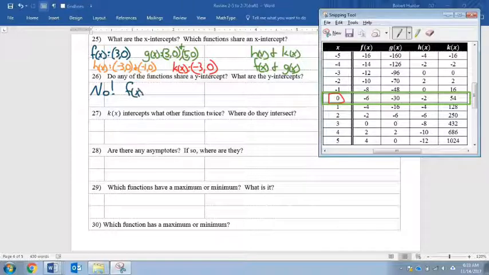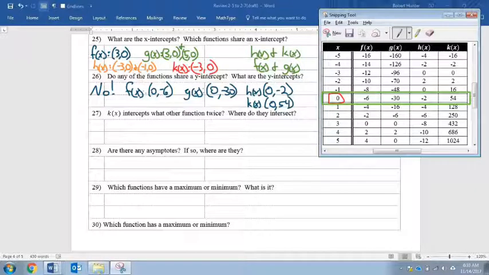F of x is at (0, -6). G of x is at (0, -30). H of x is at (0, -2). And k of x is at (0, 54). Cool.